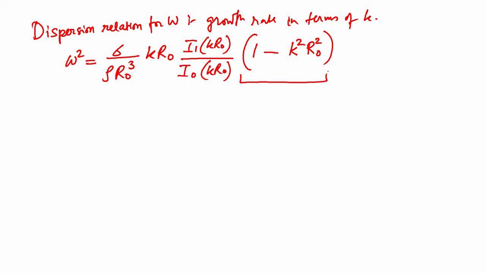Why? Because you see our R, the perturbation R, was given like this, epsilon e to the power of omega t plus i k z.